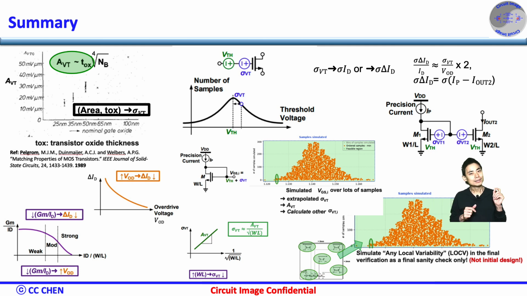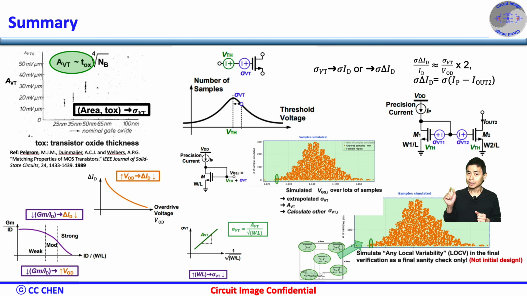Then, the simplest algebra block is the voltage-controlled current source, which shows the threshold variability leads to the current variability intuitively. So, we must do our current source mirror design through hand calculation easily, without relying on any simulation tool.